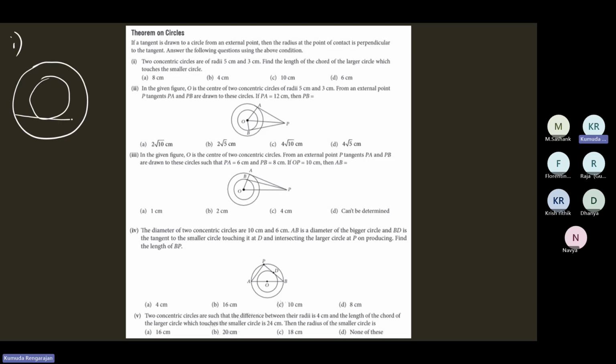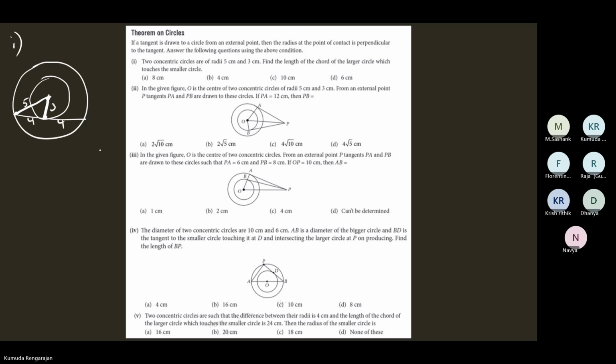So this is the chord to the outer circle and a tangent to the inner circle. 3, 5. This is the radius. This line segment represents the radius of the outer circle. This one represents the radius of the inner circle. So the length of the chord will be 4 plus 4, 8. Correct?